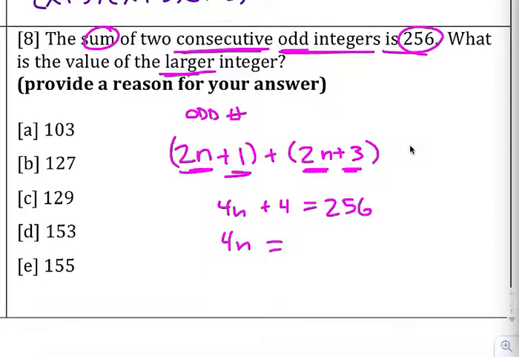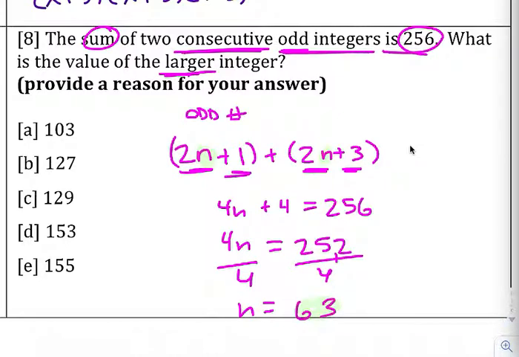We'll subtract 4 from both sides, so this is going to be 252. If we divide both sides by 4, n is going to be, let's see, 6 times 4 is 24, so n is going to be 63. Now, if you're looking at your list, you're right, there is no 63 over there, but we didn't find the numbers, we actually found the value of n. So what needs to happen now is to take this value of n, being 63, and sub it back in for n.